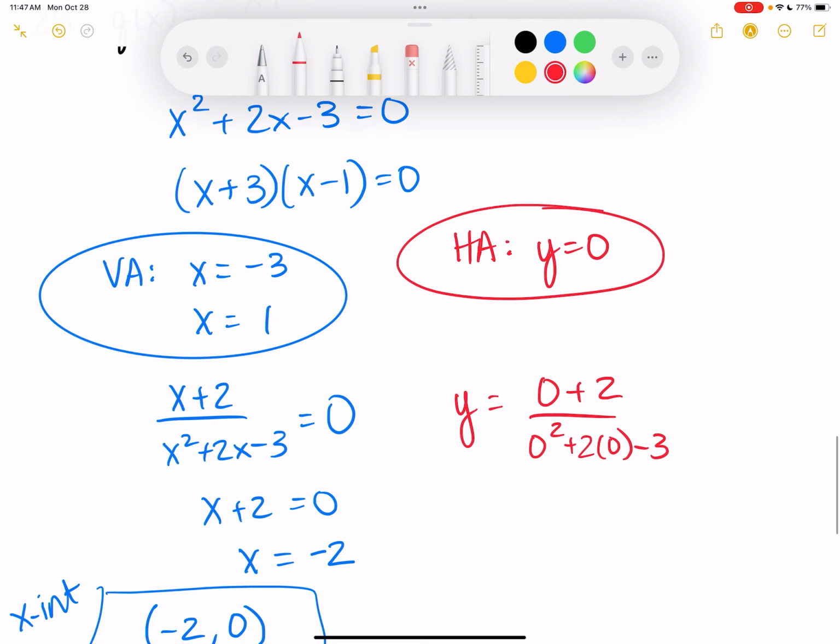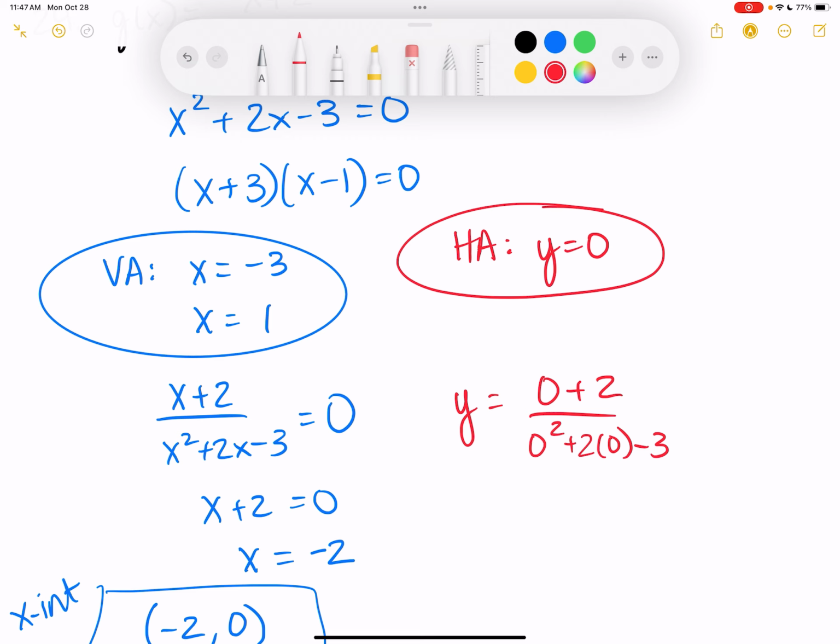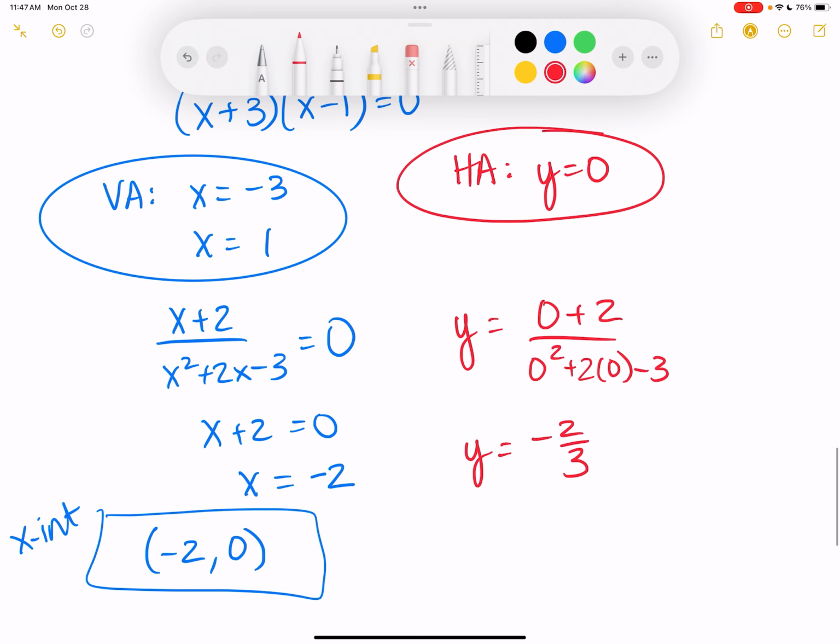Now, I wouldn't normally even write these terms that end up being 0, like 0 squared or 2 times 0, but just for the sake of placeholder and you seeing it. So what does y equal? Negative 2 over 3. So my intercept point, where it crosses the y-axis, would be at 0, negative 2/3. So this is the y-intercept.